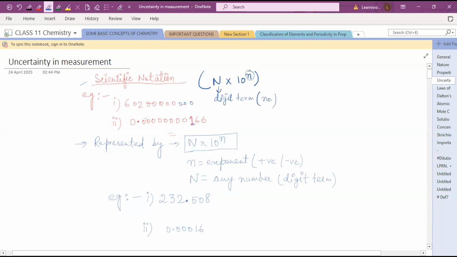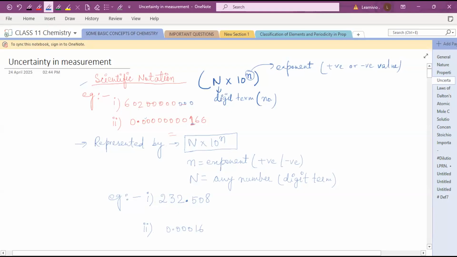And here the exponent, this small n is the exponent, right? And the exponent can have positive or negative values. So this is the general formula to represent these type of numbers, which are very large in amount, right?